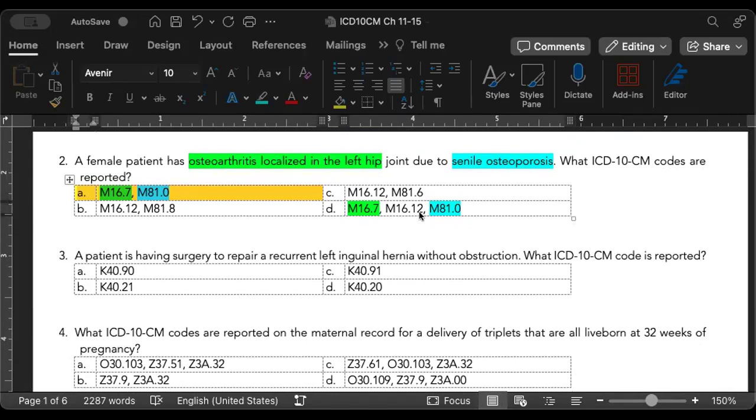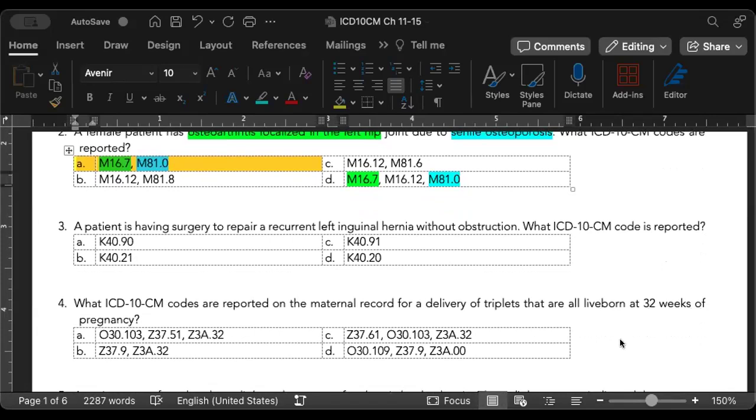All right. So number 3, we have a patient is having surgery to repair a recurrent left inguinal hernia without obstruction. So our main term is going to be our condition, which is the hernia. So we will go to main term hernia in the alphabetic index. Underneath hernia, we will go to inguinal, because that's our type.